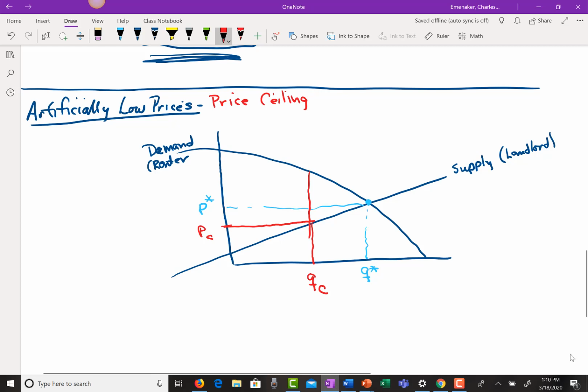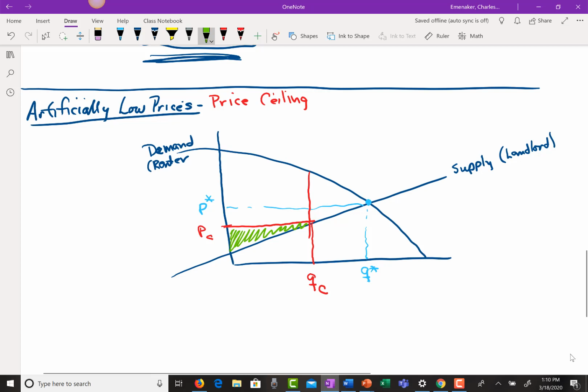First off, the producer loses some money. Originally the producer was making this much money as well as this much in surplus. The producer does not realize all of that surplus. What the producer or landlord now realizes in surplus is this much money. You can see that it's a significant reduction in the amount of money that the landlords receive.